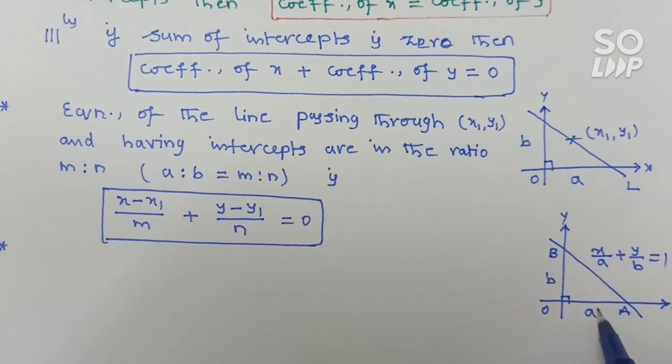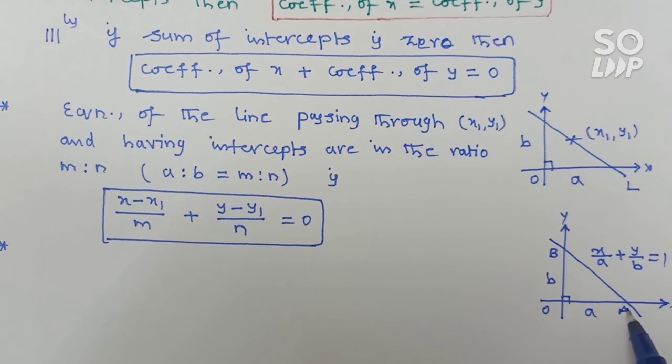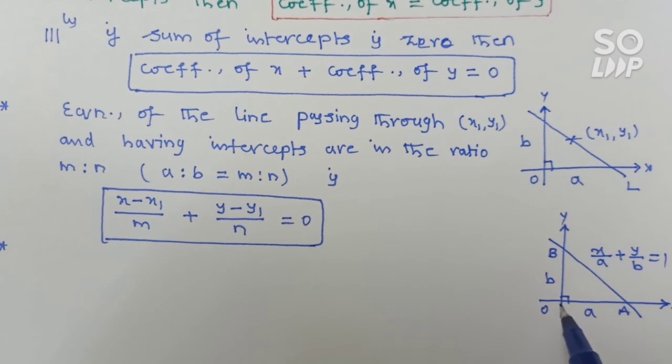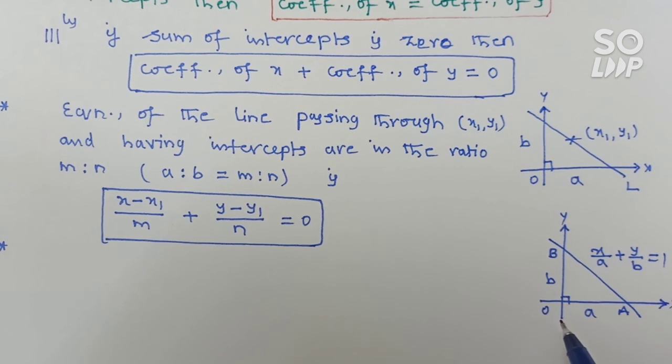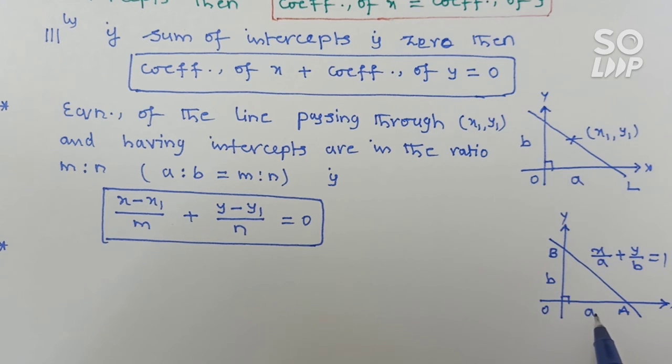So what do you say is the area of the triangle? See, look at this one. Clearly this triangle OAB is a right angle. OA is the base and OB is the height. You know, in lower classes, the fundamental to find the area of a triangle is half into base into height.